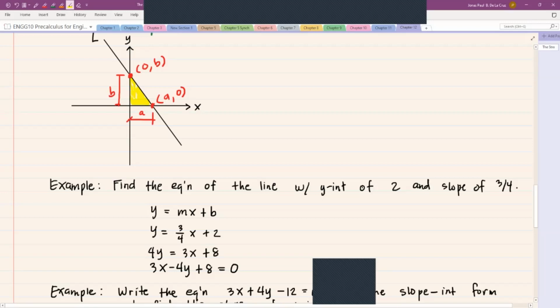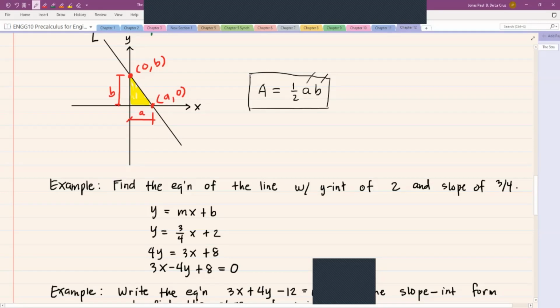So alam natin that the area of the triangle is 1/2 base. The base is A, the height is B. So itong area ng yellow shaded part na yan, ito yung formula niya. The area is 1/2 AB. 1/2 the x-intercept times the y-intercept.